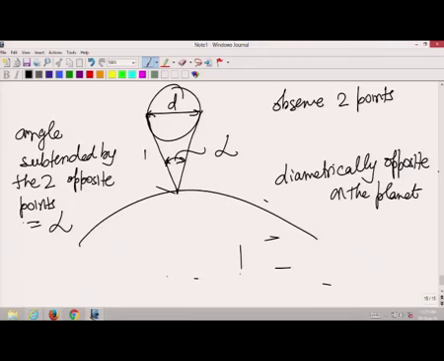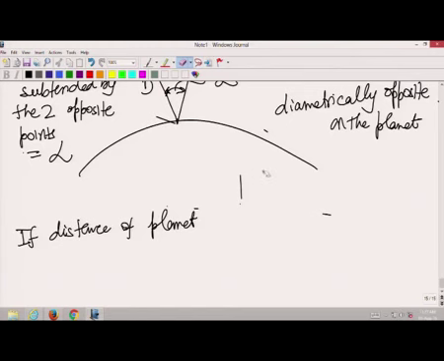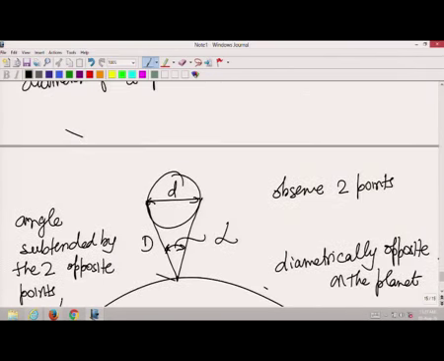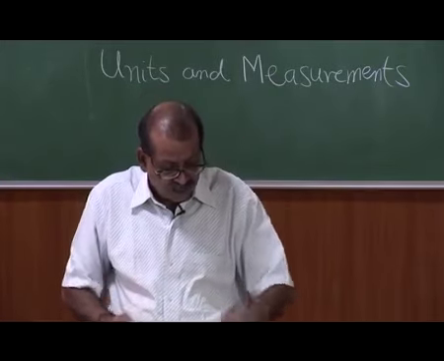If the distance of the planet from earth is capital D, then small d, which is now the arc length, will be equal to alpha times capital D. Therefore, we will be able to get small d, or if we need the angle alpha, then this will be equal to d upon capital D. So, here you have to keep in mind alpha is the angle between two directions when you view diametrically opposite points on the planet.